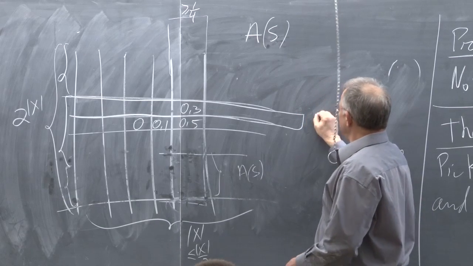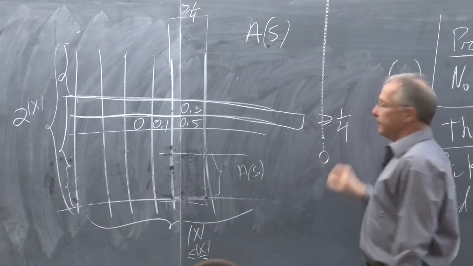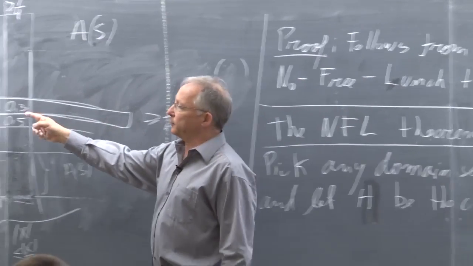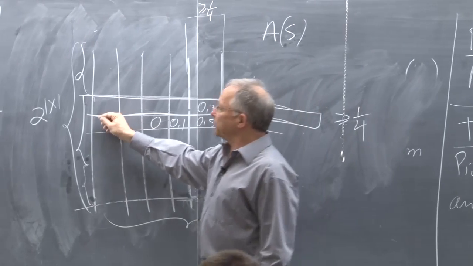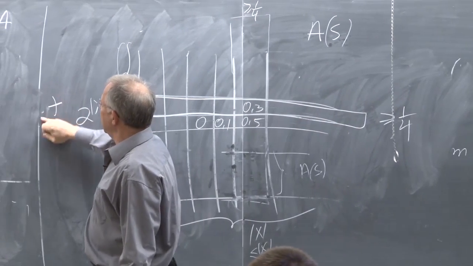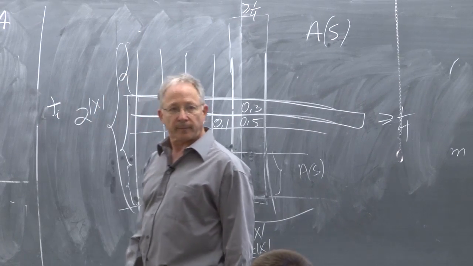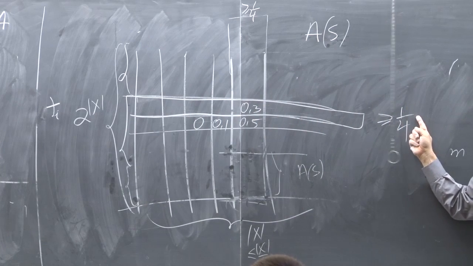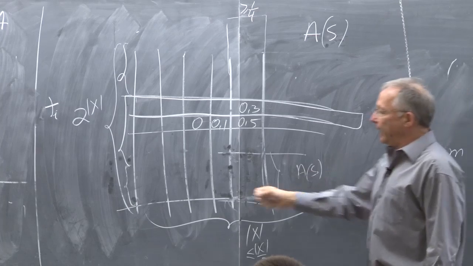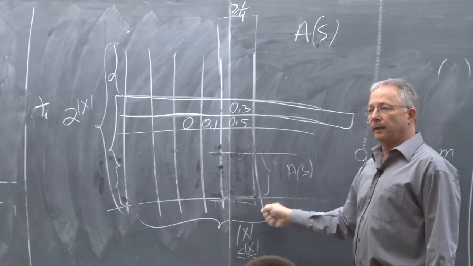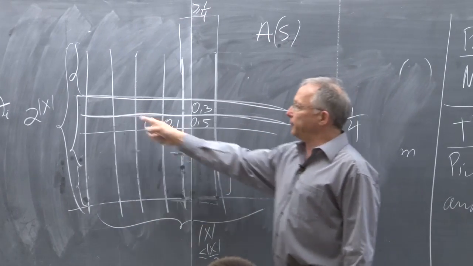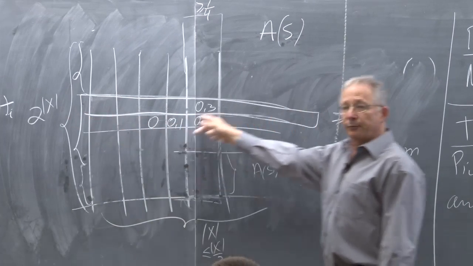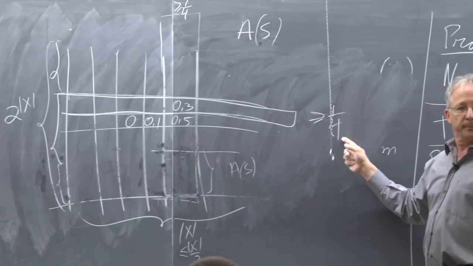So I found some row that has average at least a quarter. But what does it mean? What is a row in my matrix? A row in my matrix is some labeling function f_i. And what do these numbers mean? This average means the average, over all possible samples, of the error that my algorithm will make on f_i, is at least a quarter.